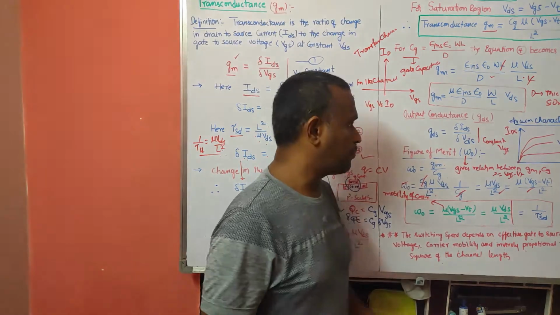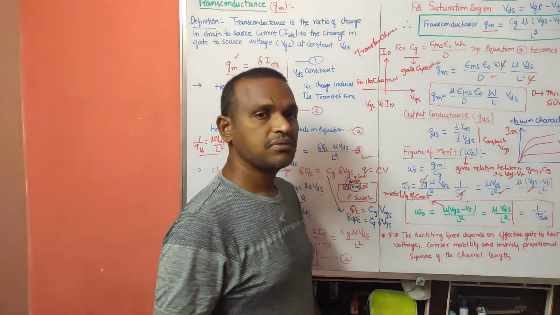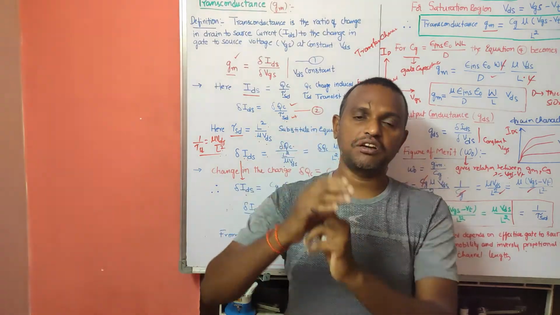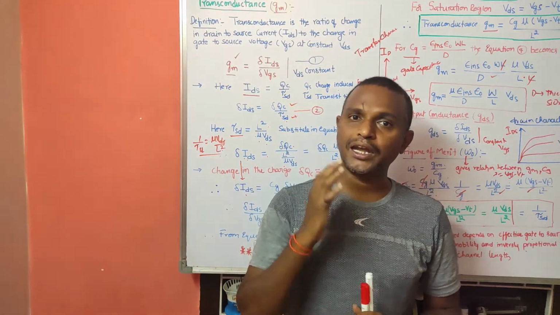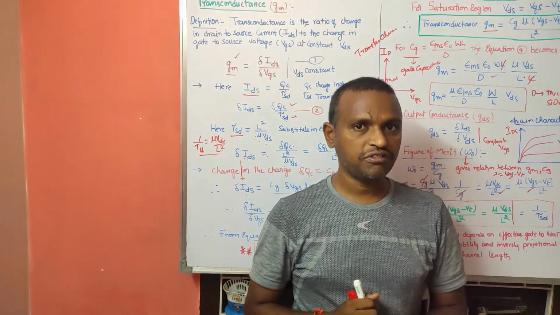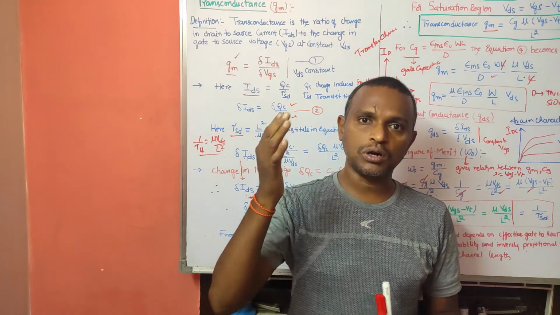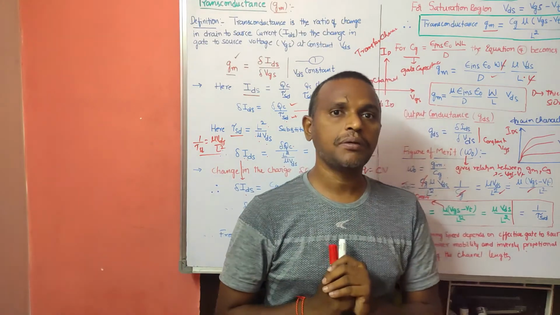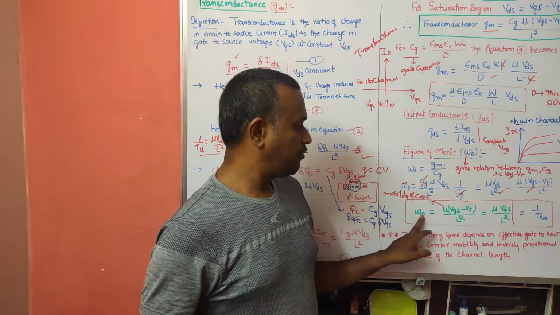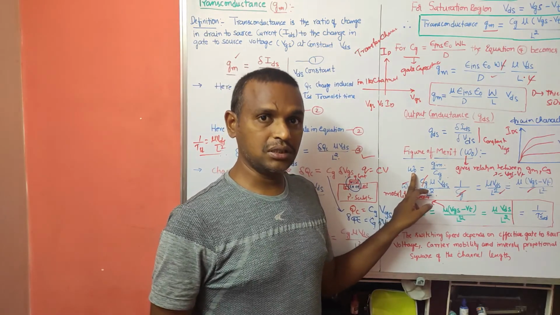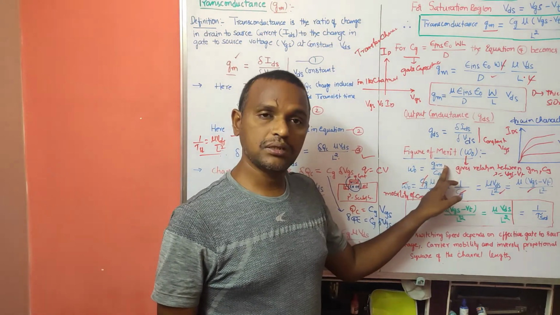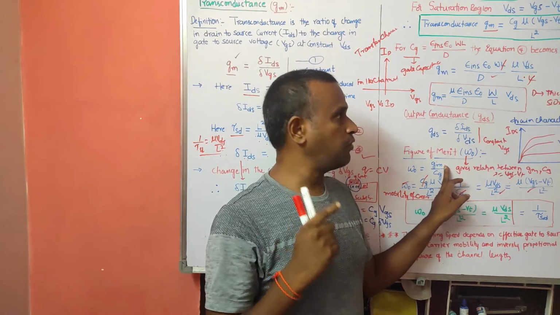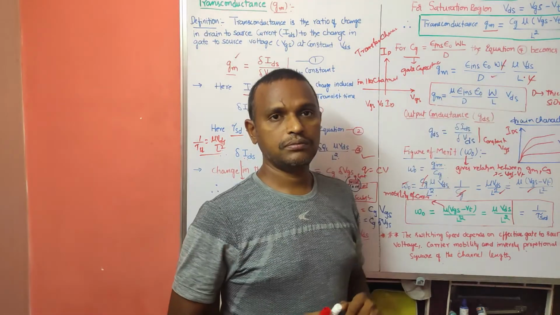So suppose I want to increase the switching speed of the device, I require more transconductance. More transconductance we will get when the width of the channel is more. So omega naught, which is nothing but the speed, is proportional to Gm, and Gm is proportional to what?